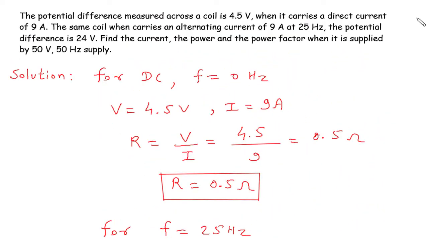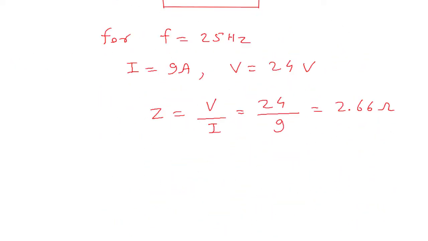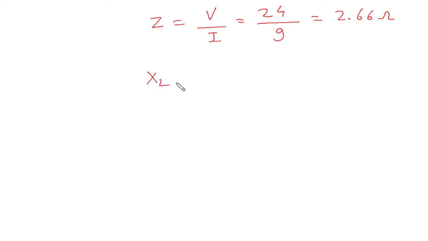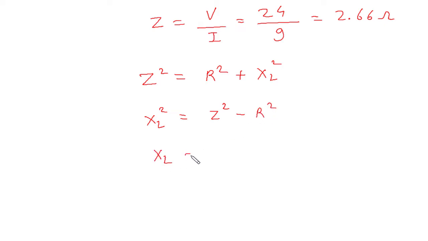Now from this we can find the value of XL also. Z square is equal to R square plus XL square. So XL square is equal to Z square minus R square, so XL is equal to under root of Z square minus R square.